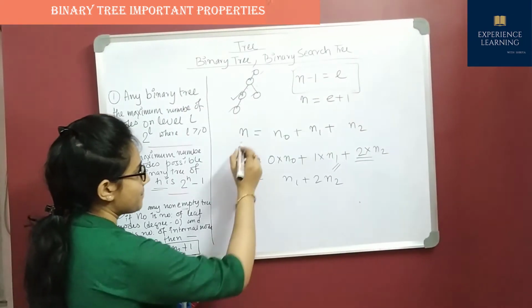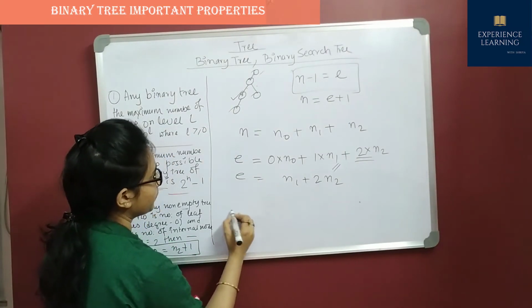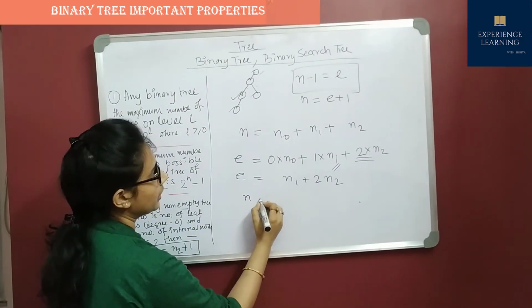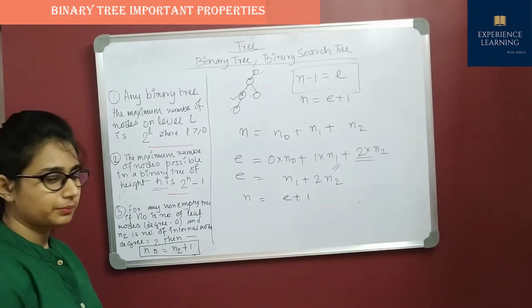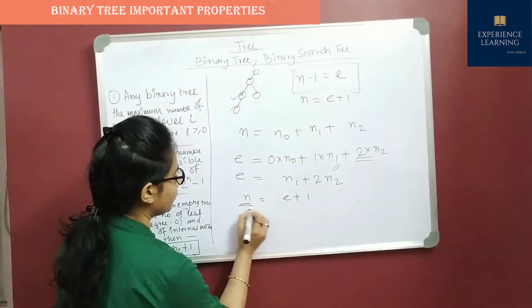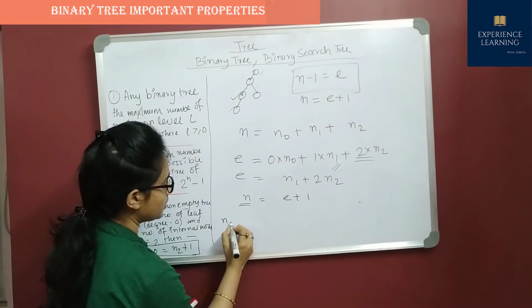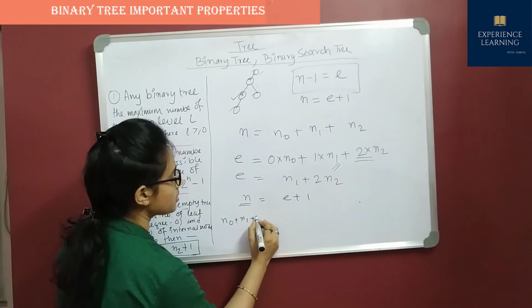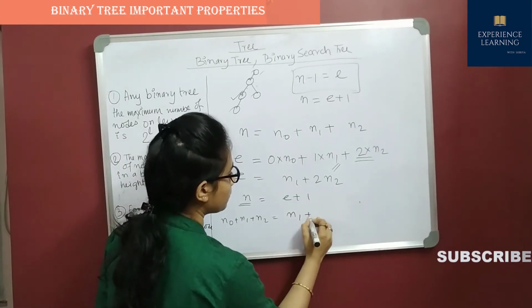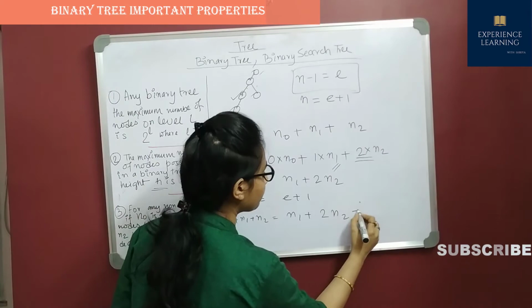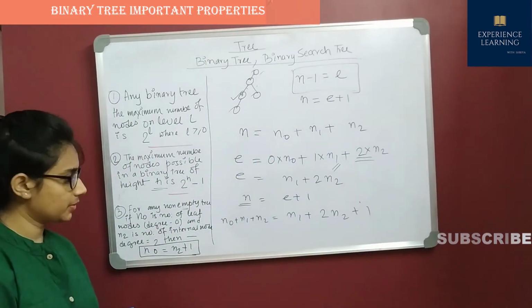And now I am going to write n equals E plus 1. We know this. And n I am again writing, n0 plus n1 plus n2 equals this one, n1 plus 2 n2 plus 1. Can I write it?